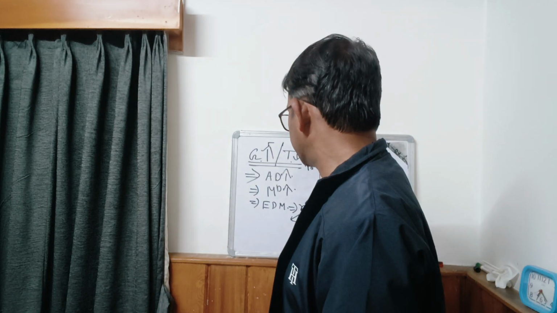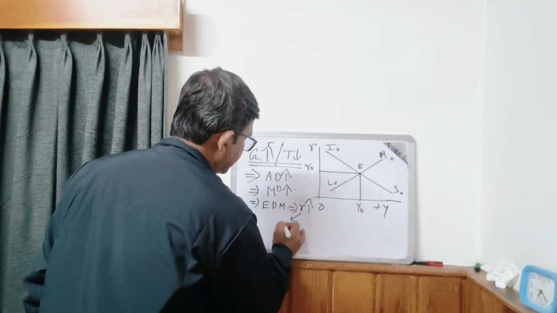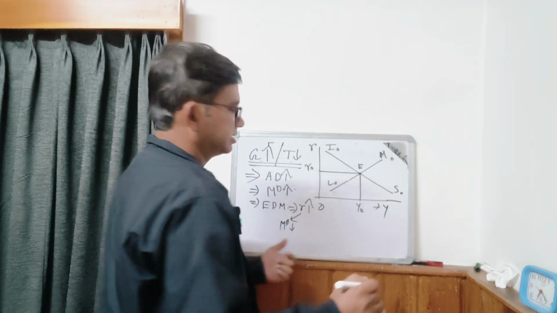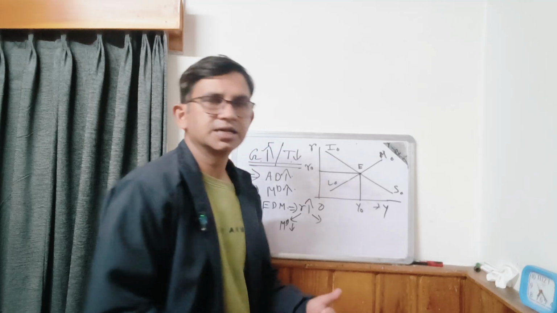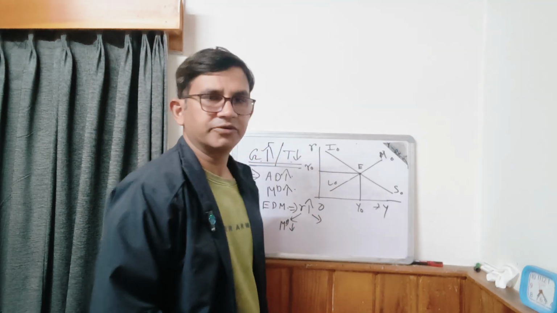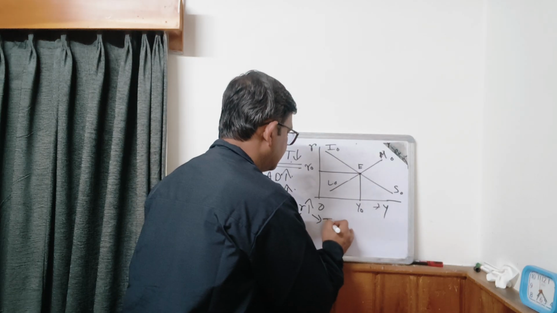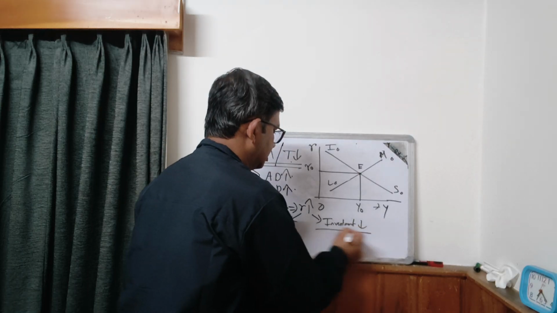The rise in the rate of interest will also have an effect in the commodity market. First, money demand will fall because of the rise in the rate of interest. Second, as the rate of interest rises, it will choke off private investment, so investment will decline.